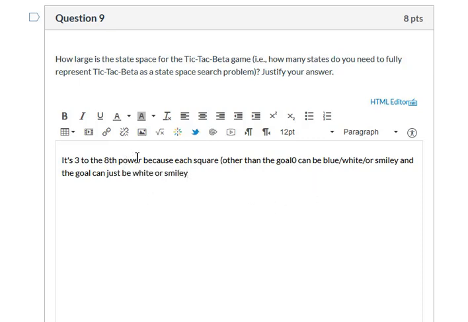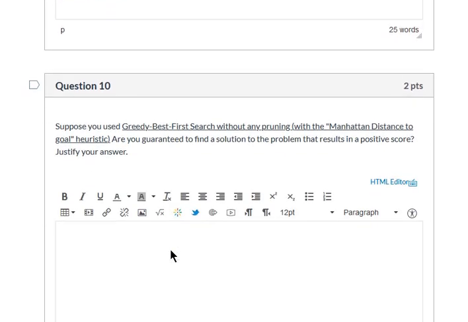So that is 3 to the 8th power times 2. Each square other than the goal can be blue, white, or smiley, and the goal can be just white or smiley. All right, so that would have been a perfectly fine answer, but any of the other examples that I gave you too.